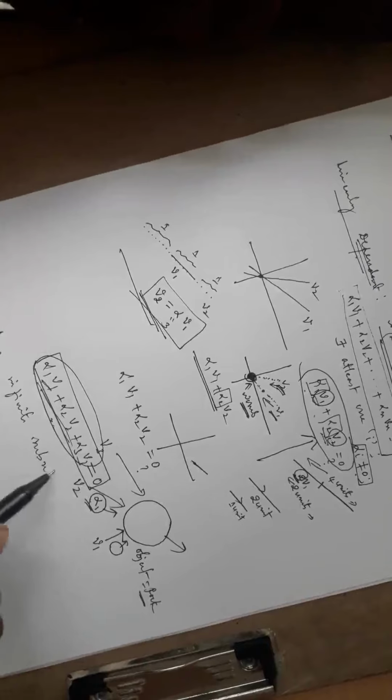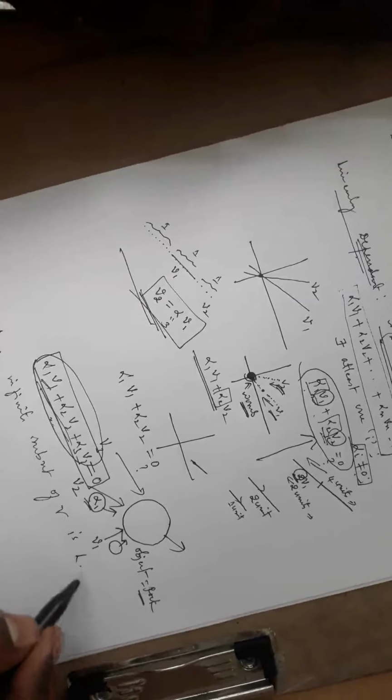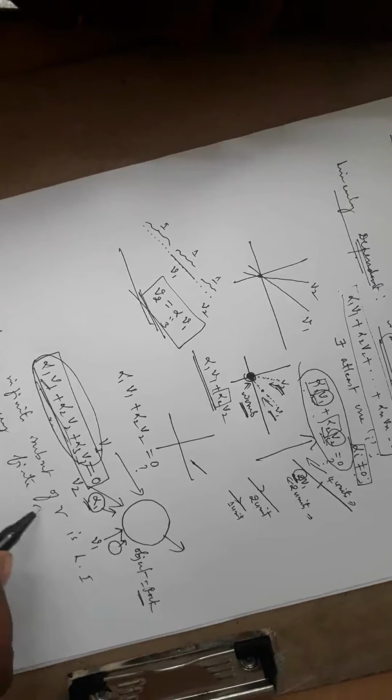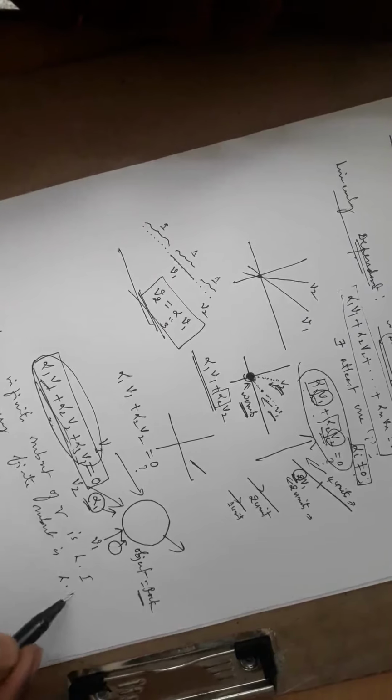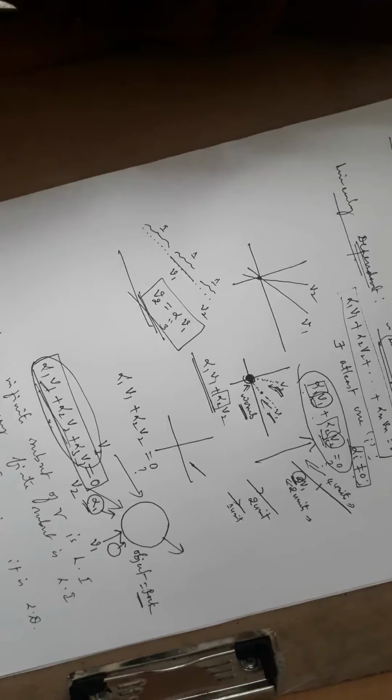Any infinite subset of V, that is, any infinite set of vectors, is linearly independent if every finite subset is linearly independent. Otherwise, it is linearly dependent. So this is the idea.